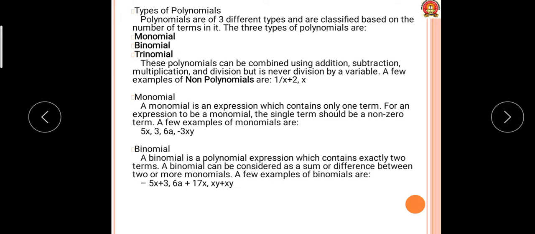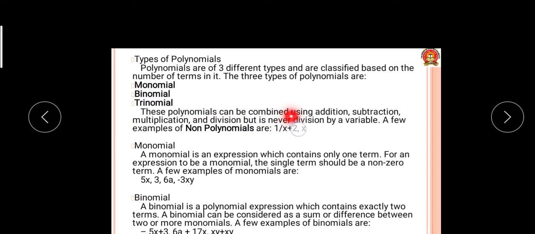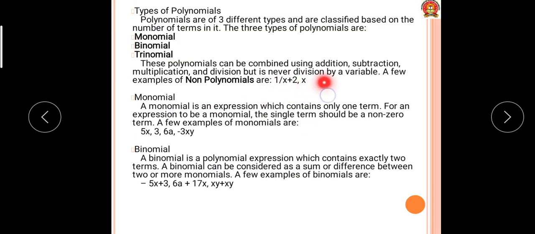These polynomials can be combined using addition, subtraction, multiplication and division, but never division by a variable. A few examples of non-polynomials are here. 1 upon x plus 2. Why is it not a polynomial?